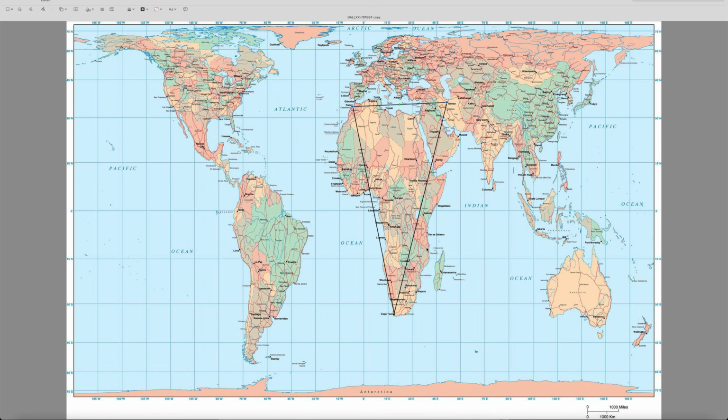But the point is they would need a lot more than differing scales if the Earth was a globe, because there'd be no way for these three distances to be drawn as a triangle between these three points and be correct. It just wouldn't be possible, because you can't go from 3D to 2D and 2D back to 3D. If you're talking about distances and area, you can't do that.